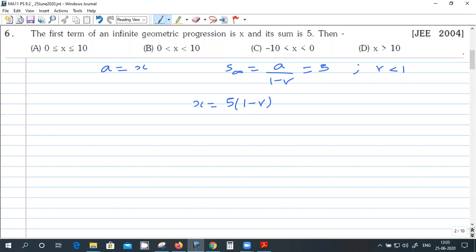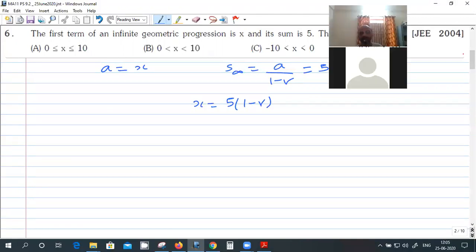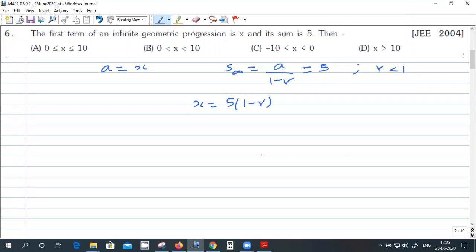You can do it, right? Try this one. Actually, R can also be negative. We don't have to restrict to the positive one, because R is from minus 1 to plus 1. It should be a fraction.